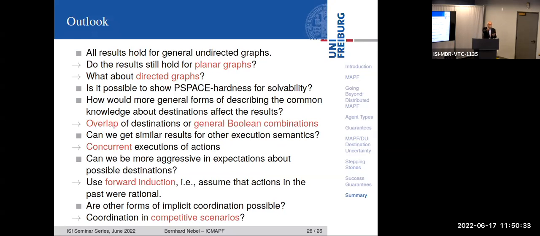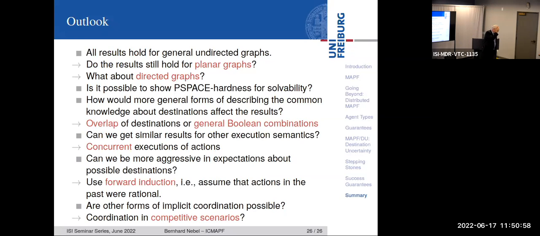So I was wondering how robust this is to the existence of an adversary. If you have an agent that tries to make sure that the plan does not succeed and everyone else is trying to succeed, is there any way that the guarantees can still hold in that case? Yeah, that was one of the later questions, right?